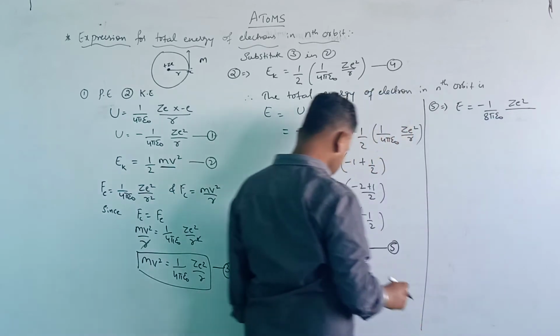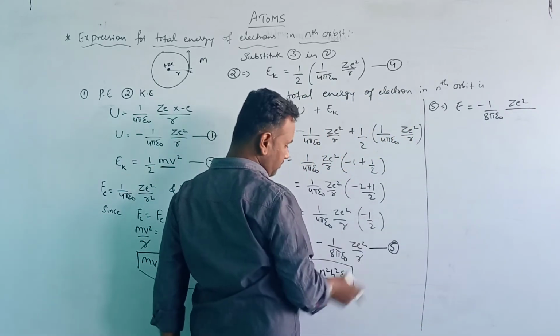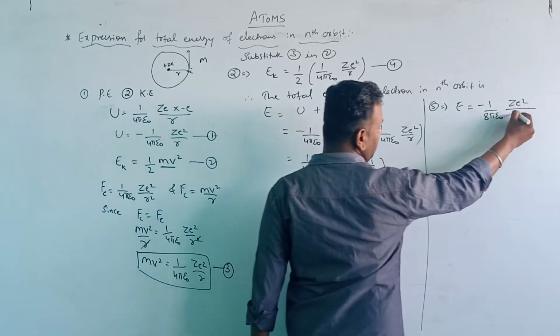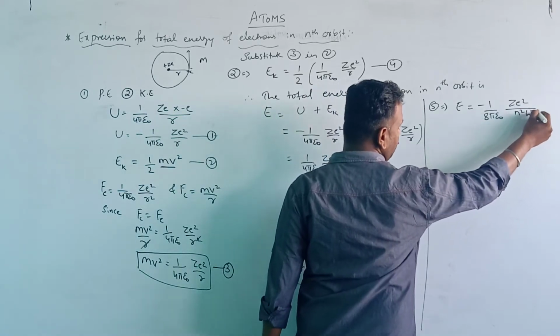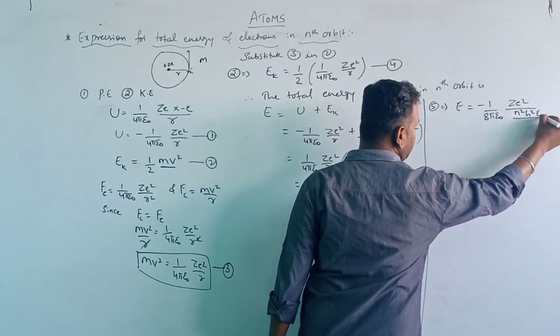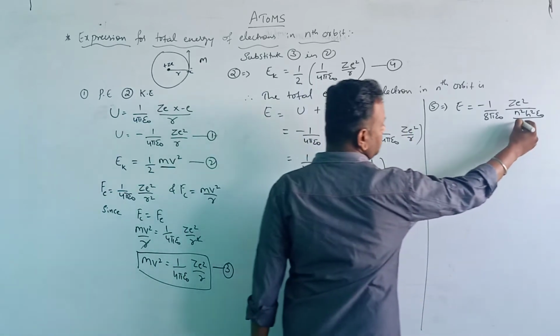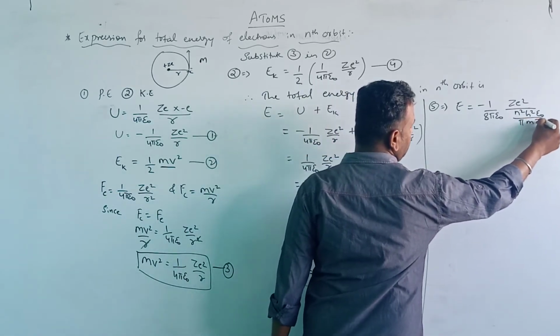Wait. So one step I will write here, one more step I will write here. R means n square h square epsilon naught divided by pi m Z square.